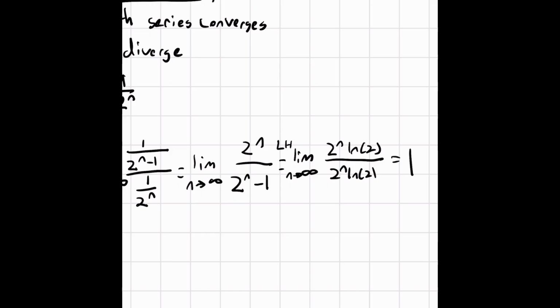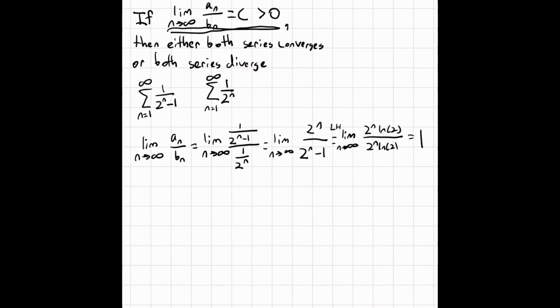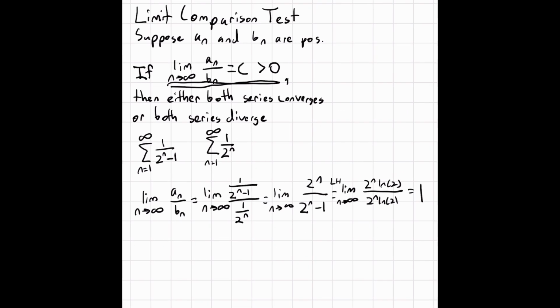So, all things considered, this limit is just 1, which means our limit comparison test kicks in and says that either both converge or both diverge. But we already know this one converges.